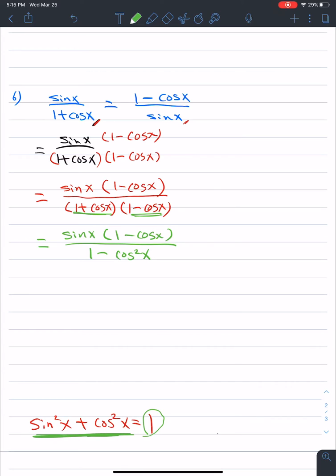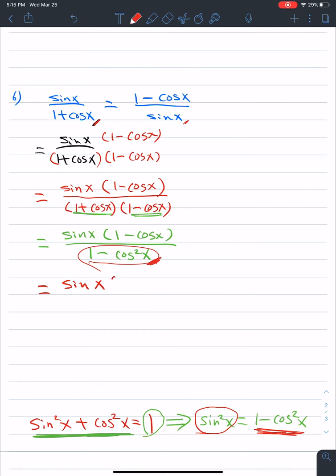So let's change it a little bit. They are the same, so I am using sine square to replace that one. Sine square replaces that one.